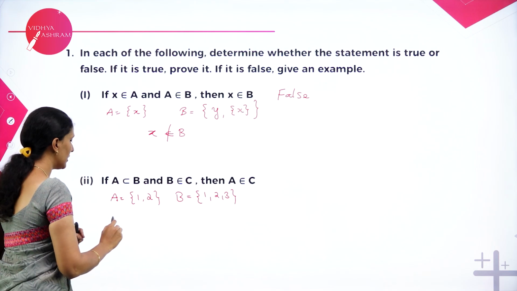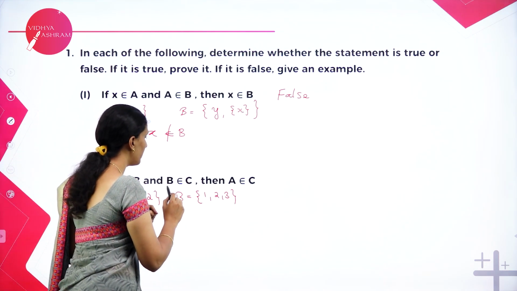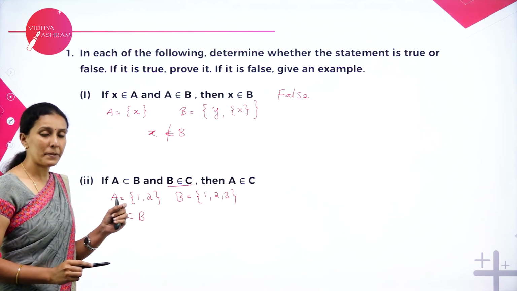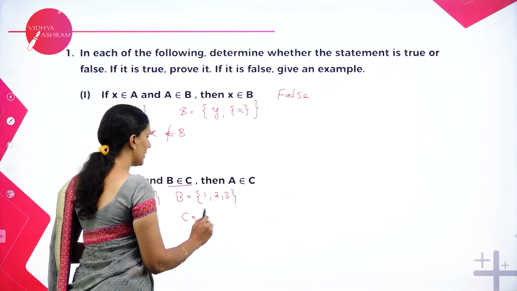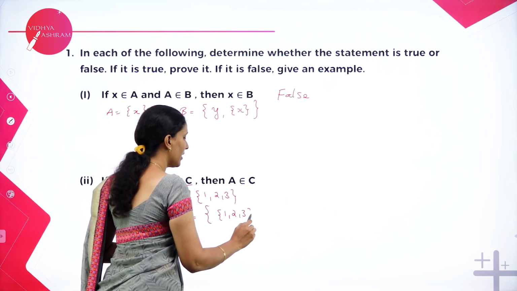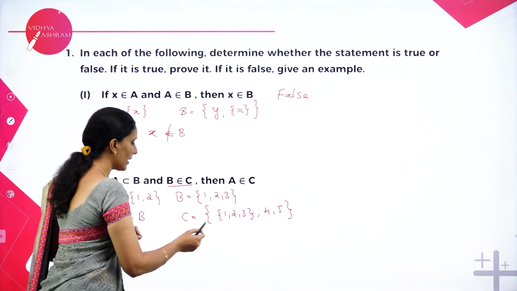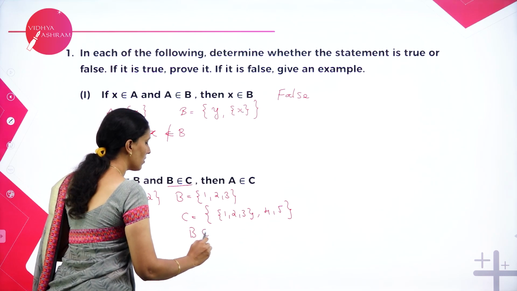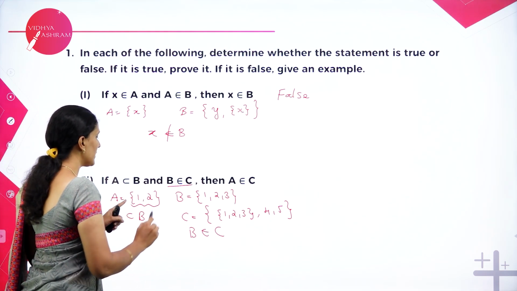Clearly we can see here A is a subset of B. They have given here B belongs to C. That means B is an element inside set C. That means let C be the set containing the set B, {1, 2, 3}, and any elements like 4, 5, etc. Now clearly here B belongs to C. But look at A. What is set A?